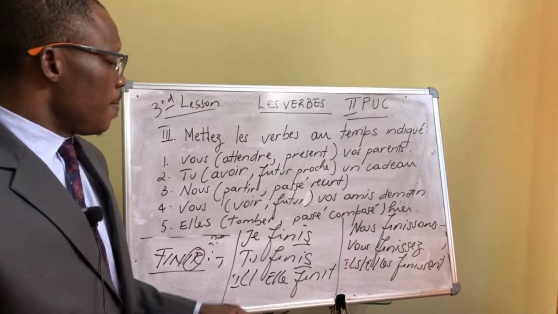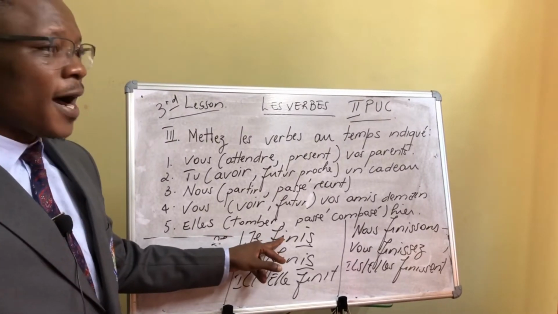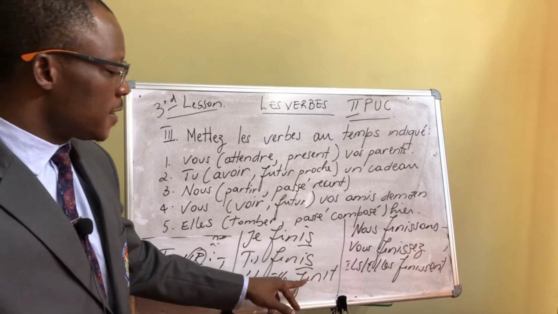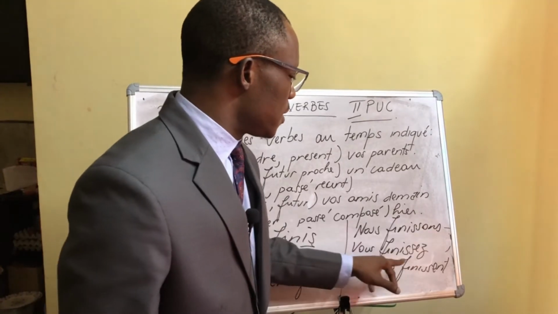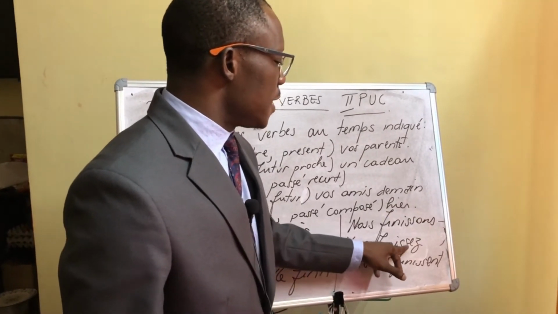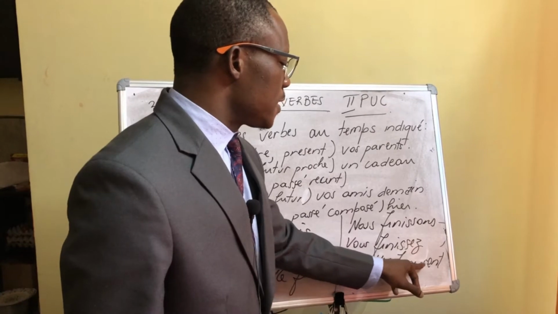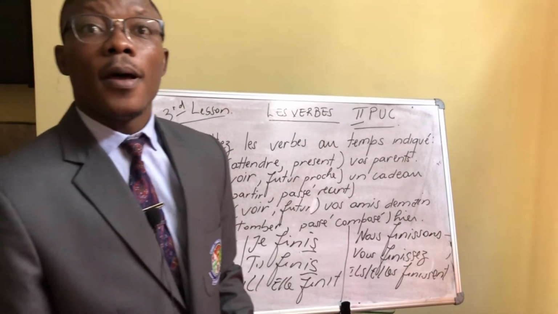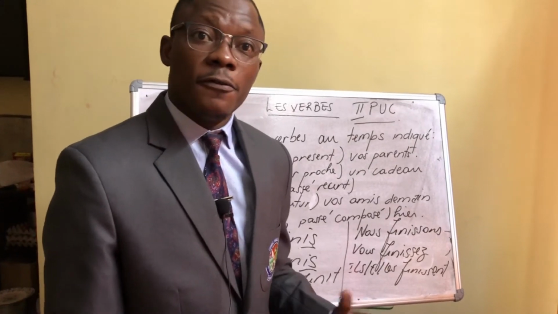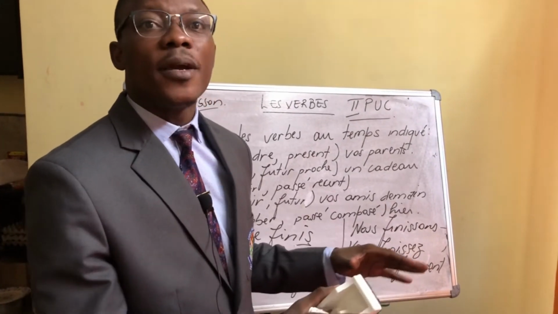So this is the ending part. As you can see, the IS, IS, IT, ISSONS, ISSEZ, ISSENT. That is for the first ending part of IR verbs.